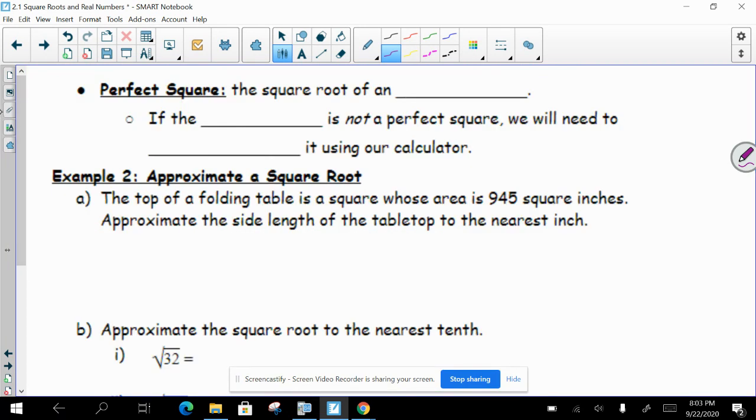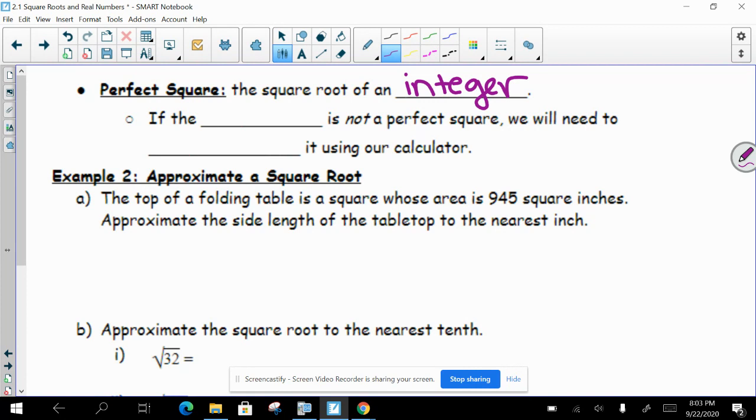All right, so speaking of perfect squares, it's the square root of an integer. So whenever your answer to a square root comes out to not have any decimals.